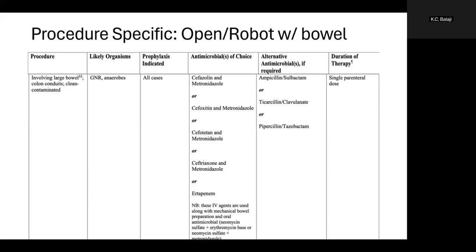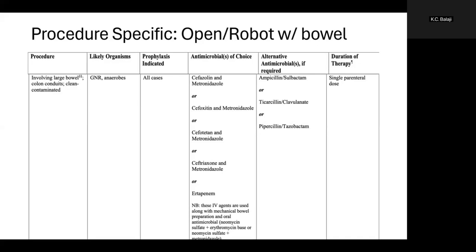Eli, one other comment: if we use a third generation cephalosporin, ceftriaxone, is it still necessary to use metronidazole? Does ceftriaxone have any anaerobic cover? I don't believe so. I can go back to my chart from before and see whether they report on it, although I'm not sure if they have the specific generations of cephalosporins, but I don't think third generations cover anaerobes.